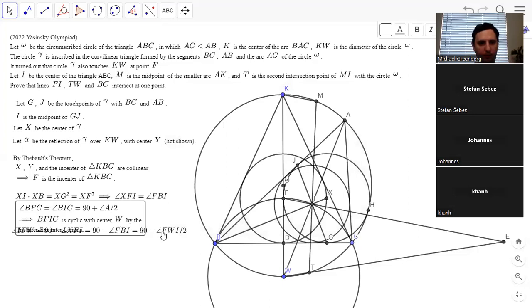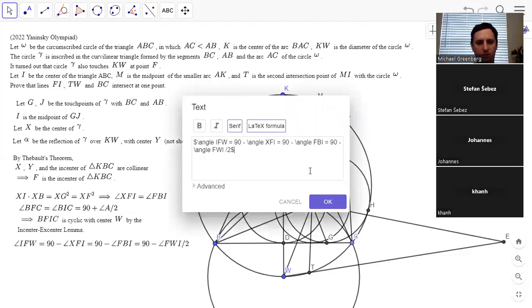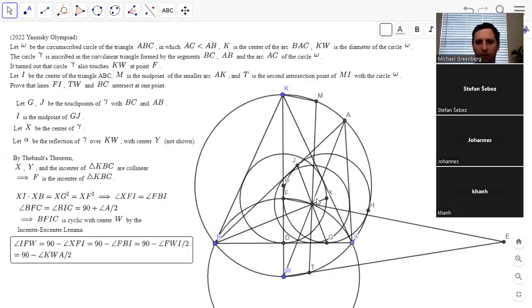Then we have this angle chase. And this is 90 minus KWA over 2. And that's 90 minus, oh wait, FBI is half of KWI, which is half of KWA.